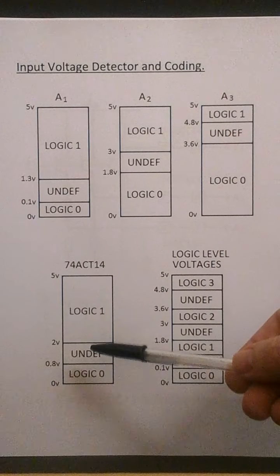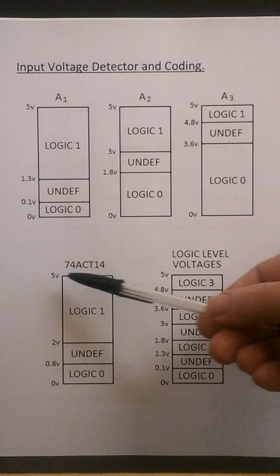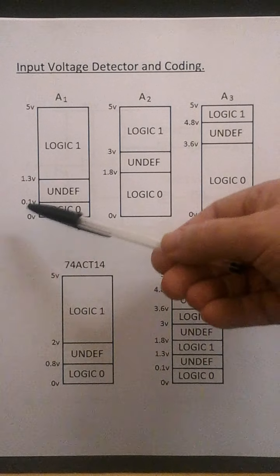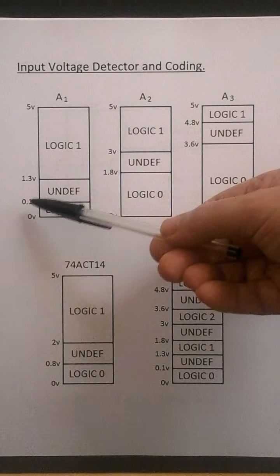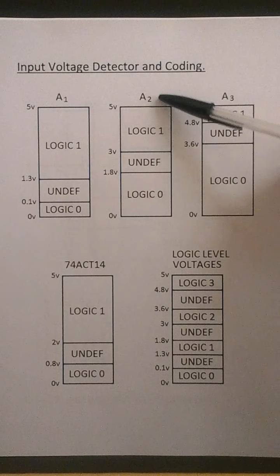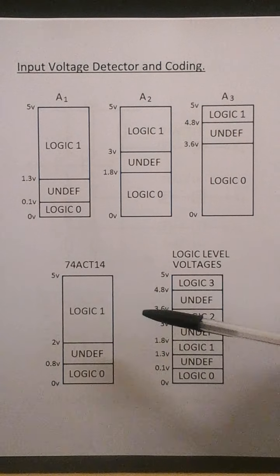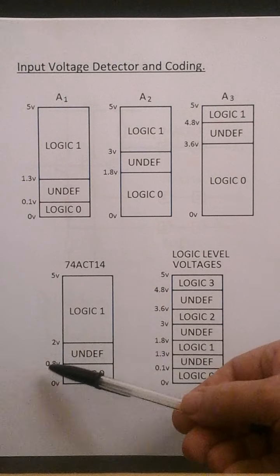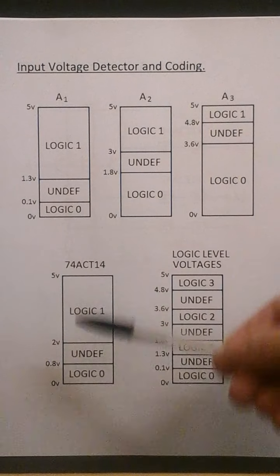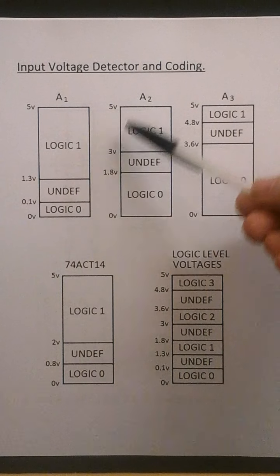I've level shifted the 74ACT14 down 0.7 of a volt, so that 0.8 becomes 0.1 and that 2 becomes 1.3 volts. For A2, I've shifted it up 1 volt, so that 0.8 becomes 1.8 volts, and that 2 volts becomes 3 volts.